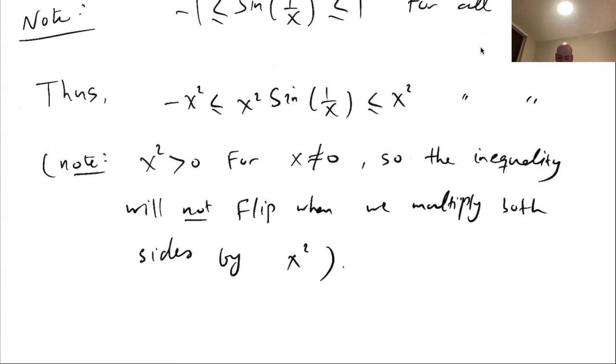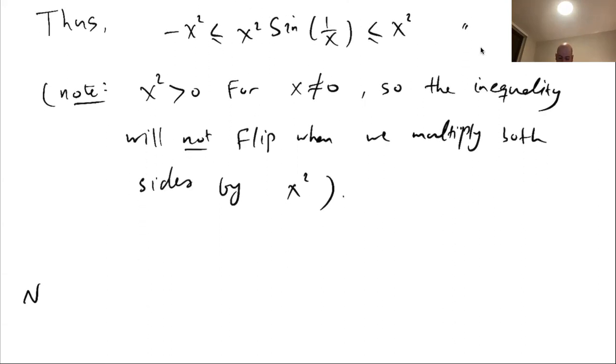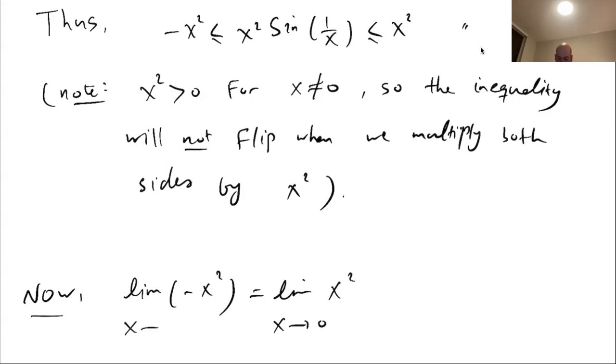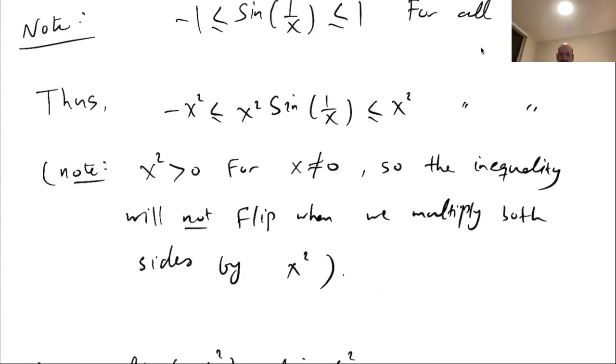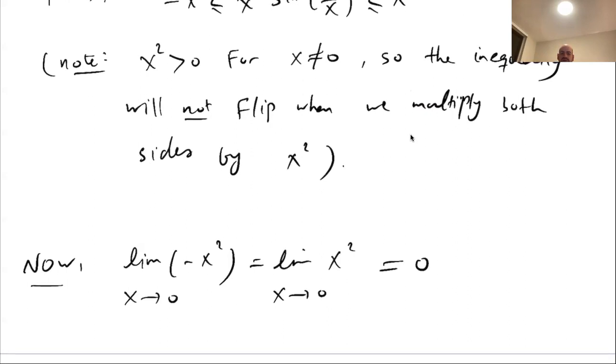Right now we have our function squeezed between two other functions. So now we can say that the limit of minus x squared is equal to the limit of x squared as x approaches 0, and both of these are 0. The smaller function, minus x squared, and the bigger function, x squared, both have limit 0 at x equals 0.